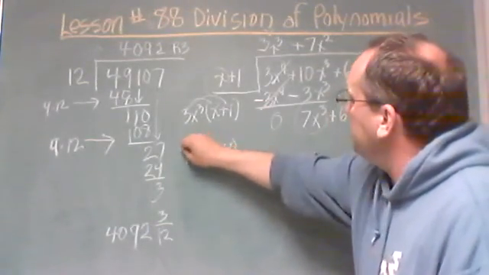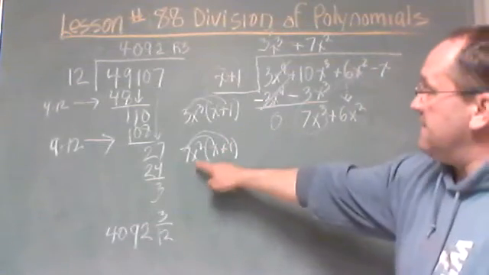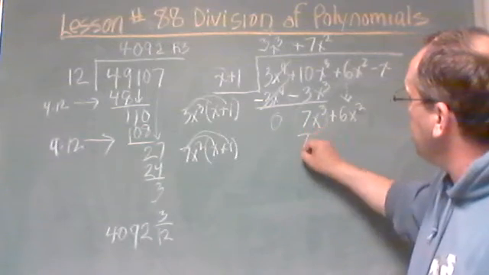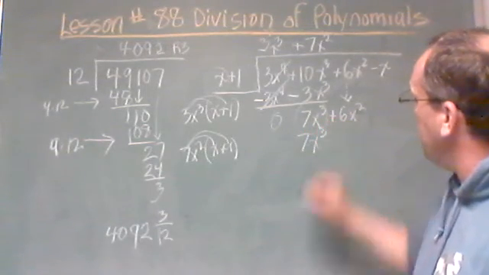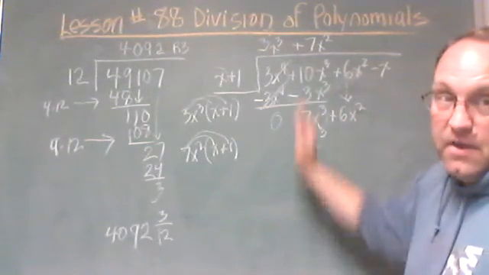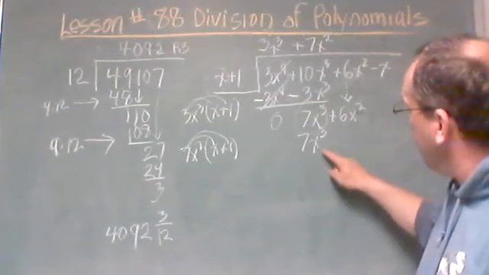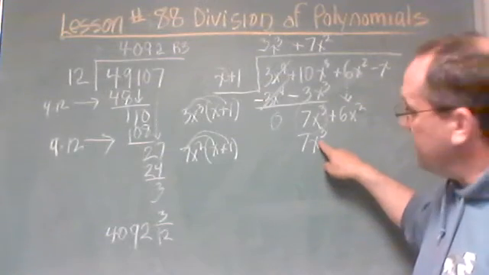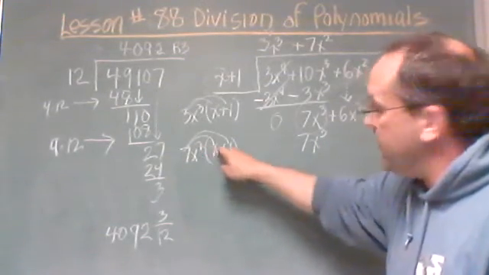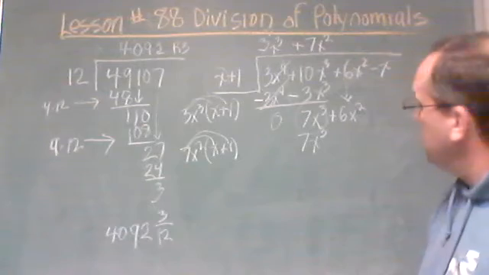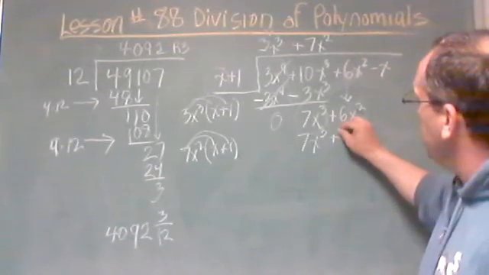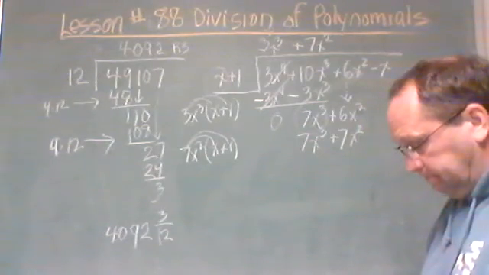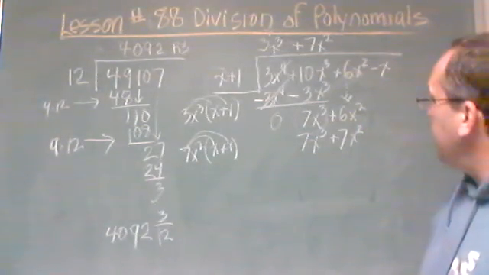Let's go ahead and multiply this out. 7x squared times x is 7x to the third. Always line up your terms that have the same powers. x to the third goes under x to the third. Then 7x squared times 1 will be plus 7x squared.